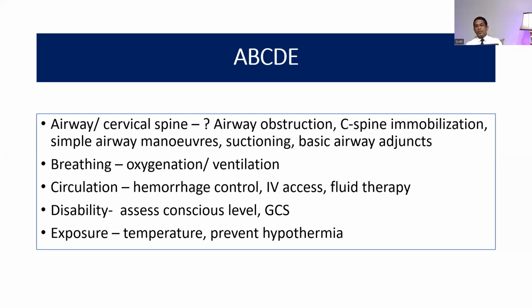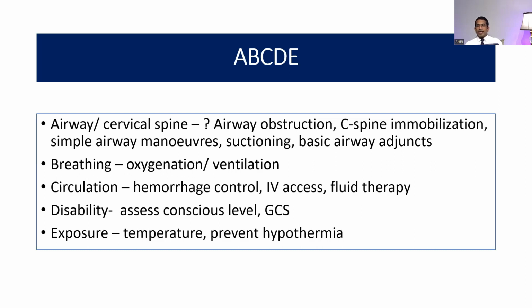In B, you usually talk about breathing and ventilation. In C, circulation, and especially hemorrhage control. In D, disability, you usually assess the conscious level and the patient's neurological status. And in E, exposure, what you consider is the temperature, and you need to expose the patient and see if there is anything dangerous.